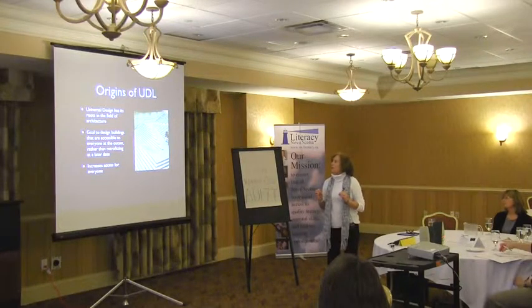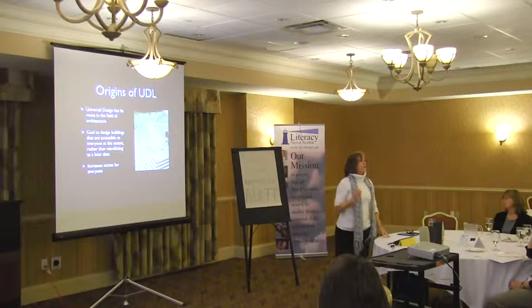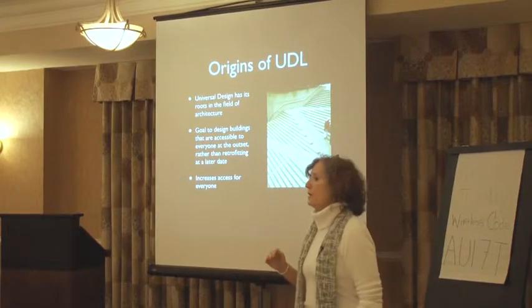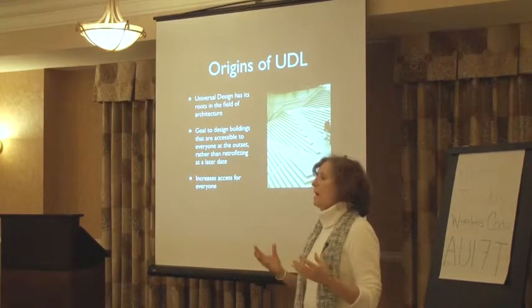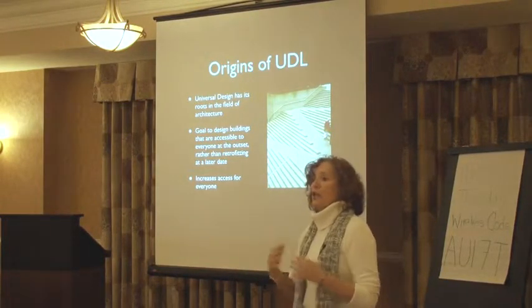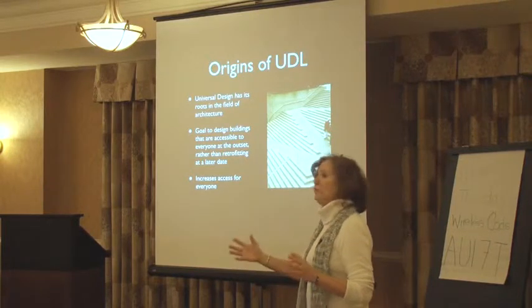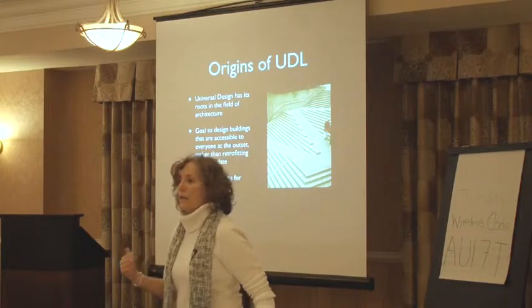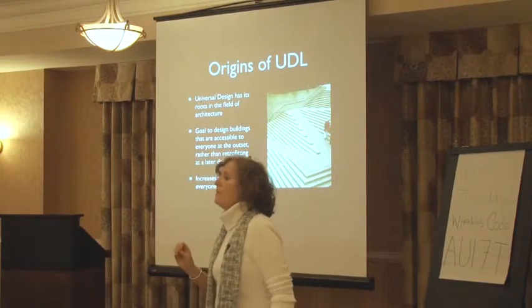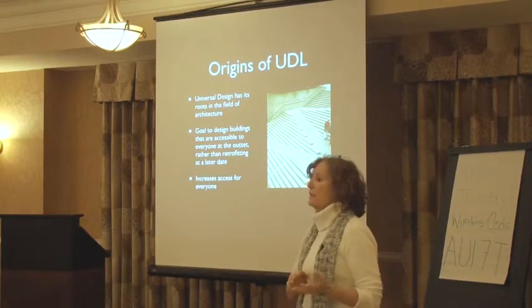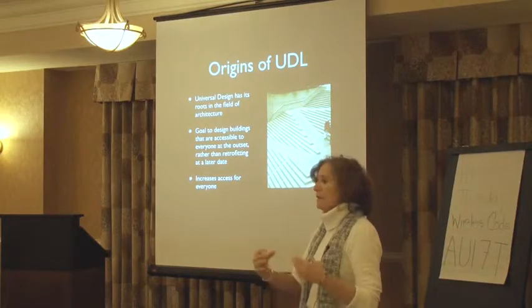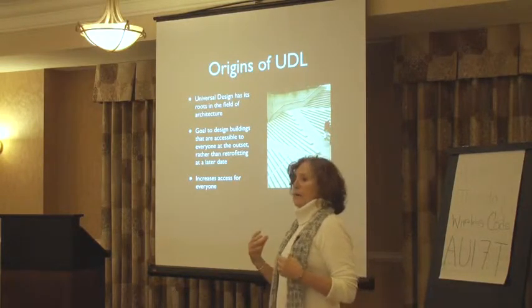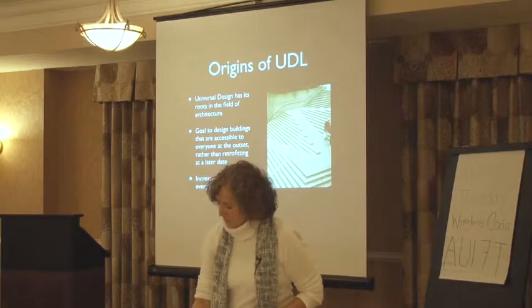So a little bit about UDL. The origins really stem from architecture. You might have a curb cut or a ramp, which doesn't just benefit an individual who's in a wheelchair. It can benefit anybody, including a young mom, including the delivery person, anybody walking up the ramp.